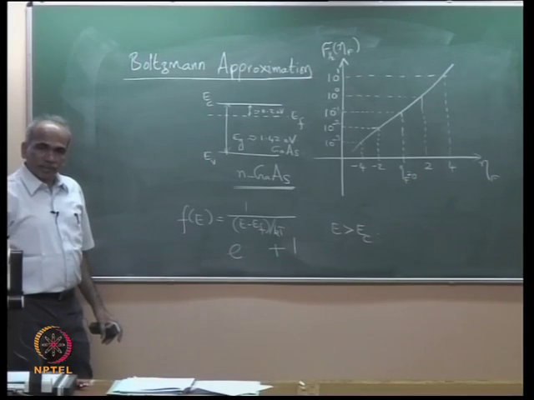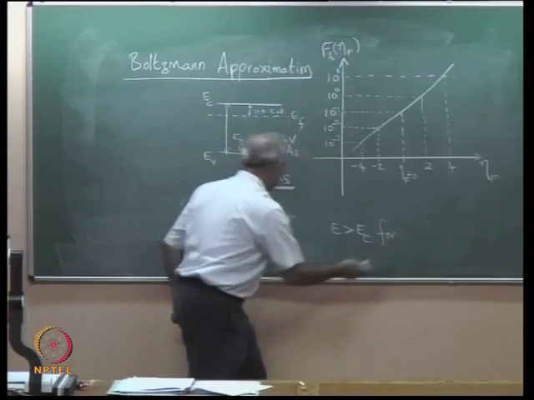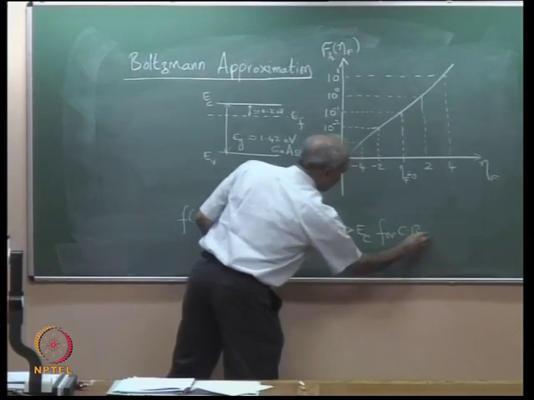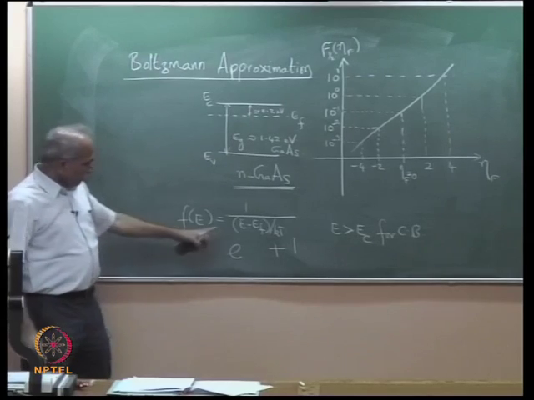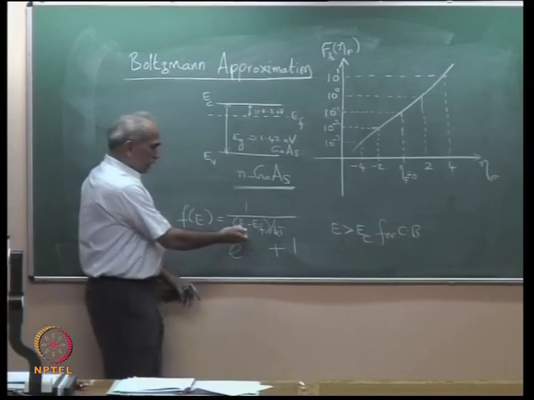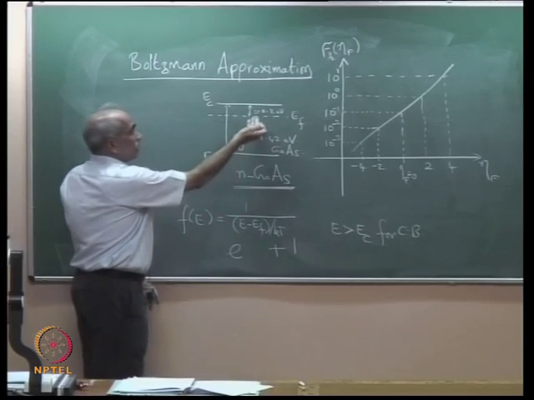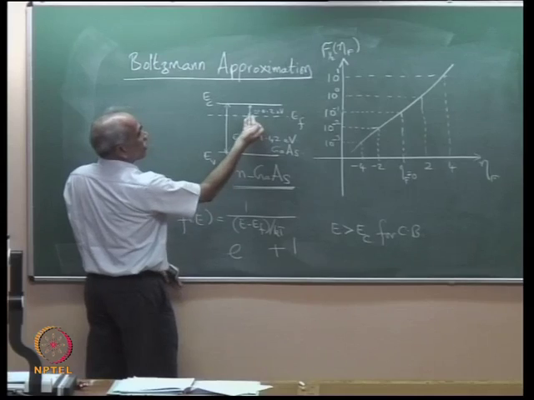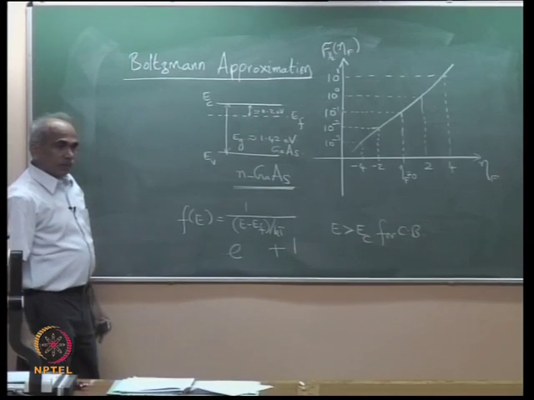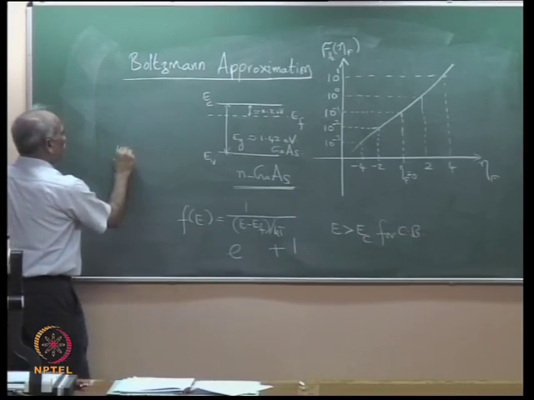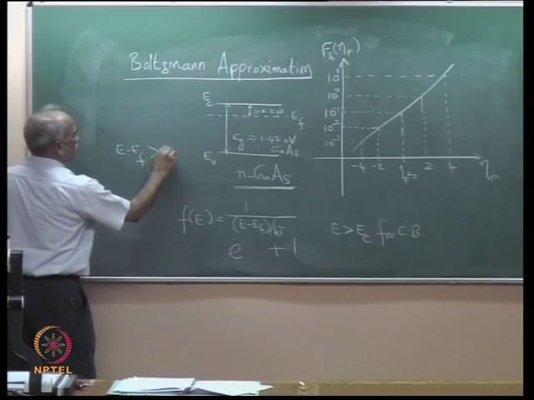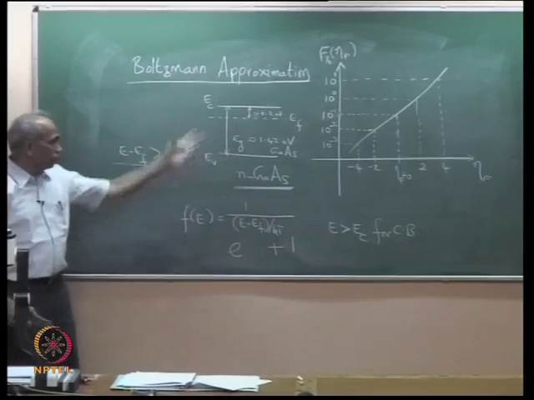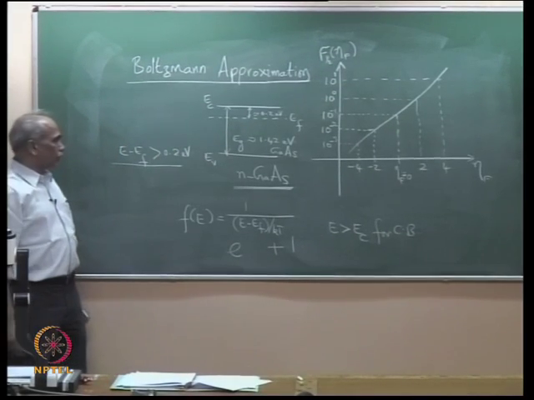This is valid for both the conduction band and the valence band, but for the conduction band, E is greater than EC. So if you substitute E here, then E minus EF is always greater than, for this particular example that I have taken, 0.2 eV, at room temperature.